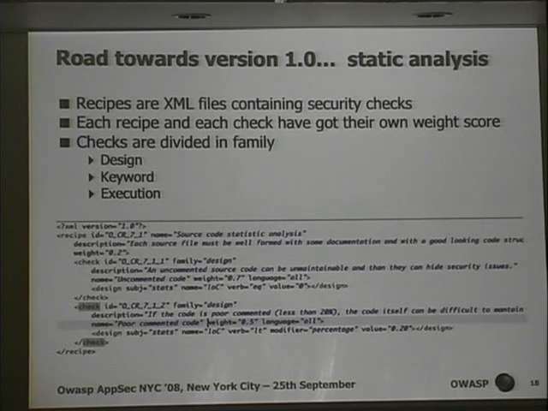Cookbooks contain security recipes. Security recipes are XML files containing security checks. A recipe has an ID that is very related to the cookbook the recipe stands for, a name, a description of course, and a weight point for the same reason I said before. Contained in there are security checks.